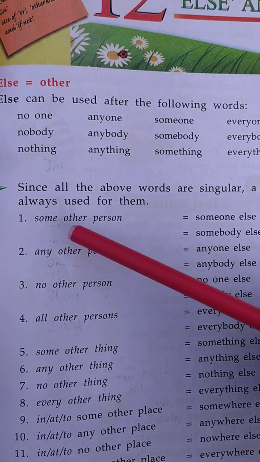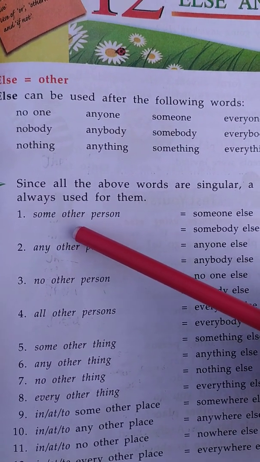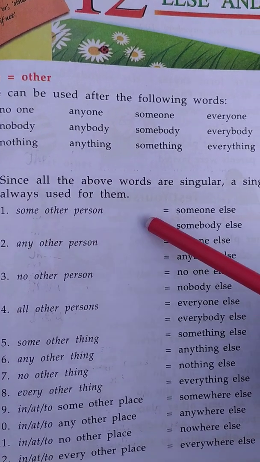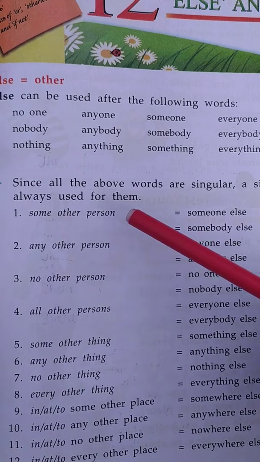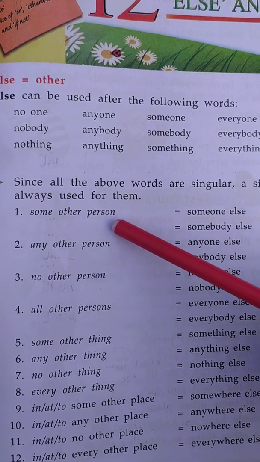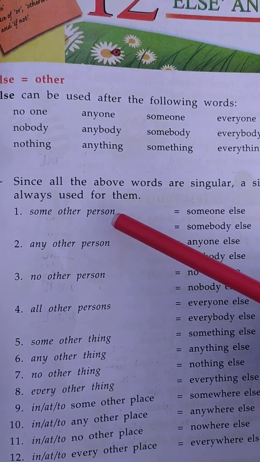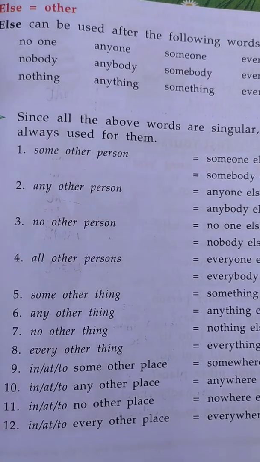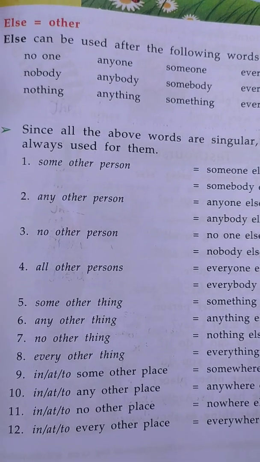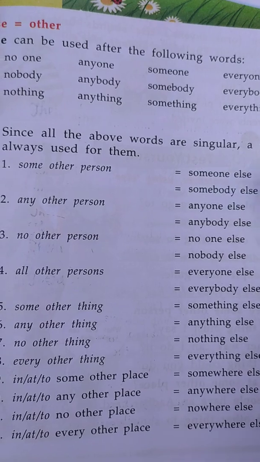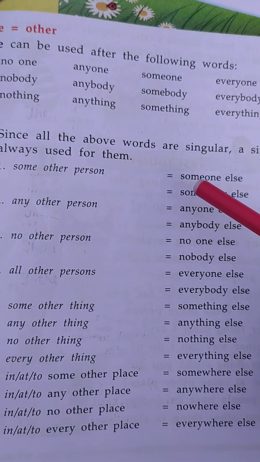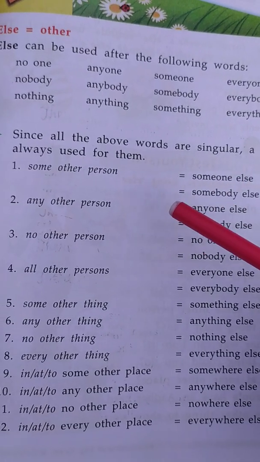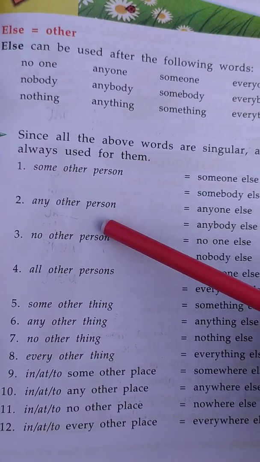Now see, number 1. Some other person is equal to someone else. We can use for this sentence someone else. Number 2, any other person.